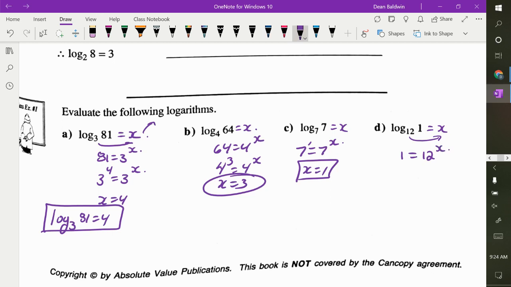And the next one: 1 is equal to 12 to the x. The only thing that can make that true is x equals 0. Is that okay? All we're doing is changing to exponential and then making a common base. That's it. We're okay with that?